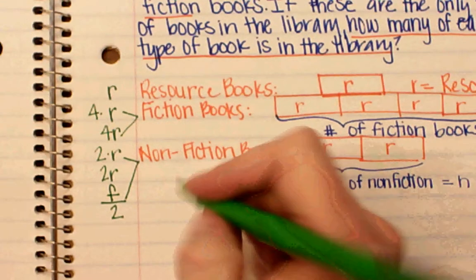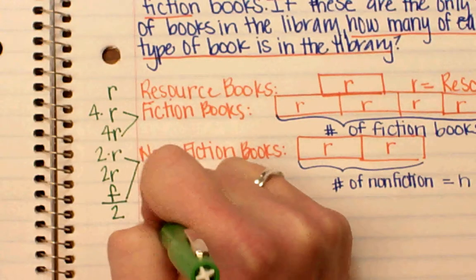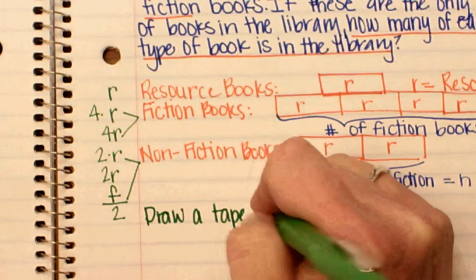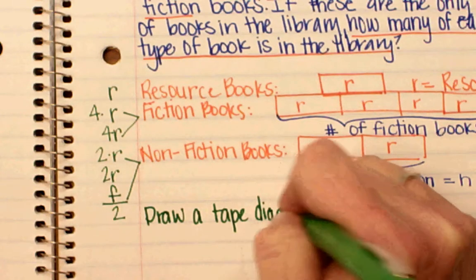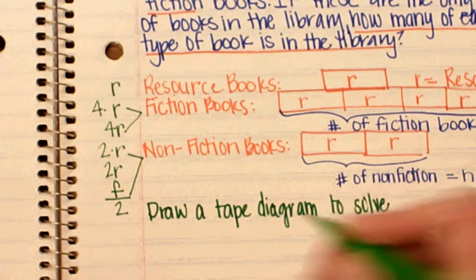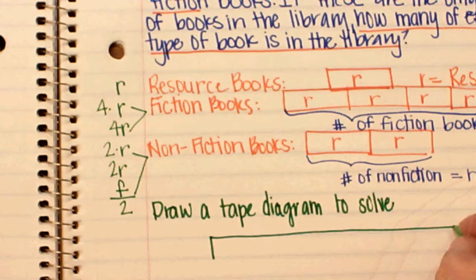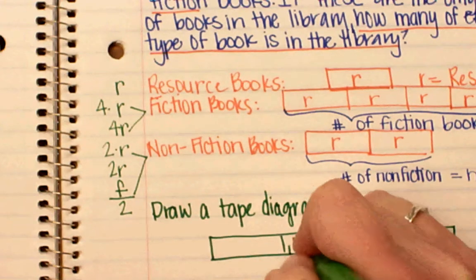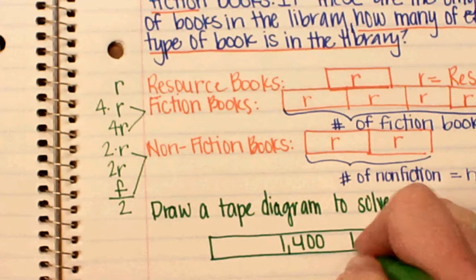If I wanted to draw a tape diagram to solve, I would draw a tape diagram representing the total amount of books, which is 1,400 books.